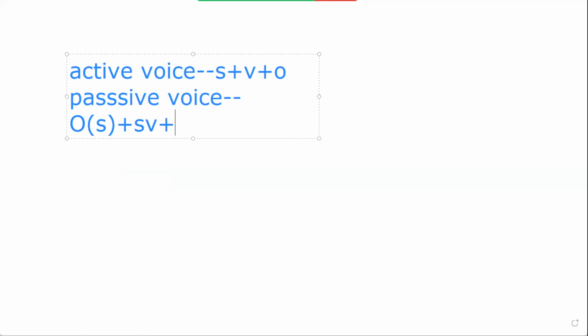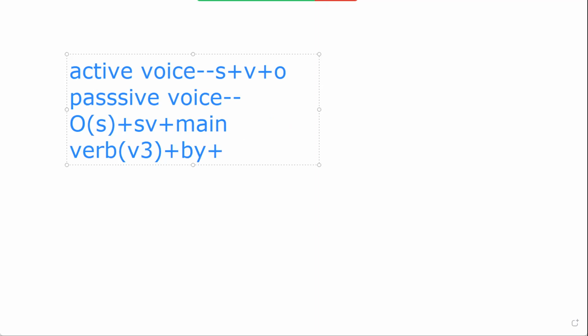Then comes the main verb. The main verb always comes in which form? V3 form. This is a rule. Whatever tense you are using, you have to use the V3 form in the passive voice. Then you have to use one connector called by, and then the subject becomes the object. This is the structure of the passive voice.